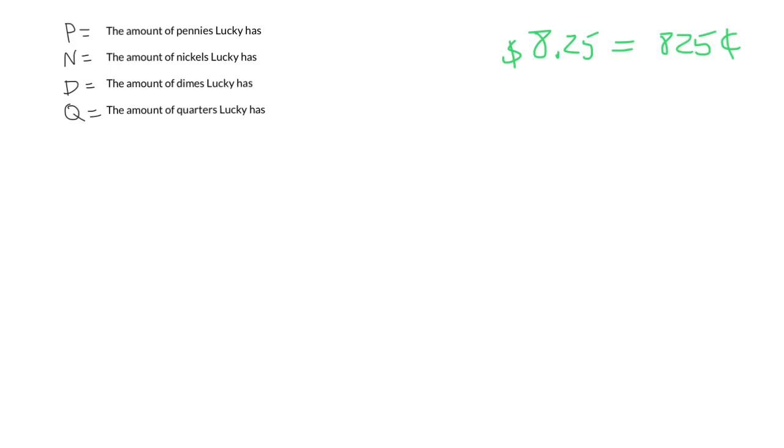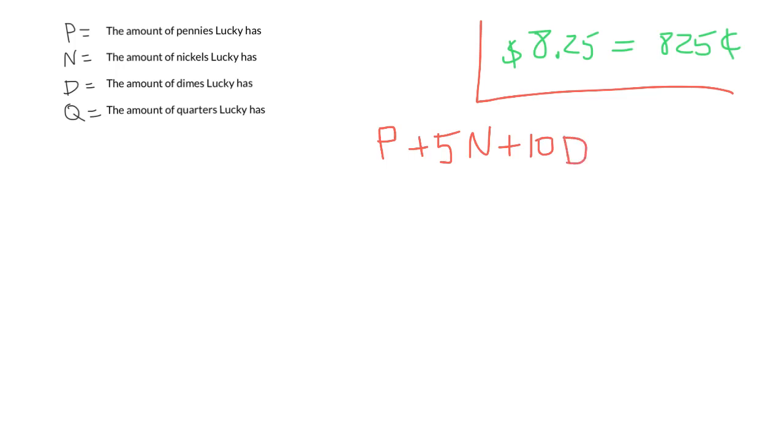So the bottom line is, as far as the special equation that we could write, it would be 1 cent times P, which is 1 cent times the amount of pennies Lucky has, plus 5 cents times the amount of nickels, plus 10 cents times the amount of dimes, plus 25 cents times the amount of quarters.